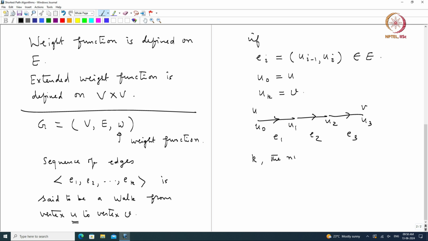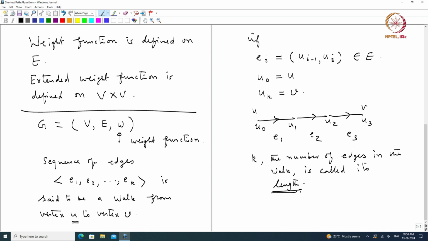K, the number of edges in the walk is called its length. Okay.